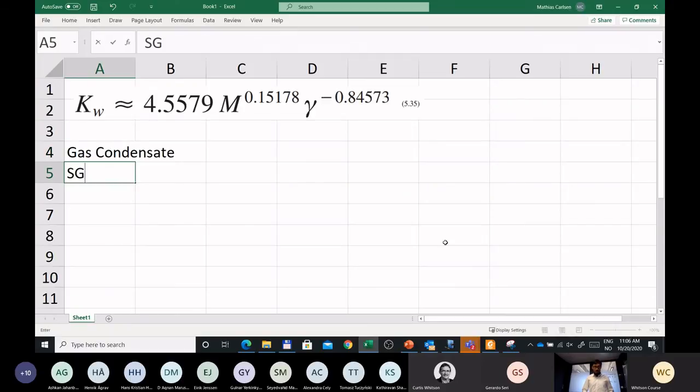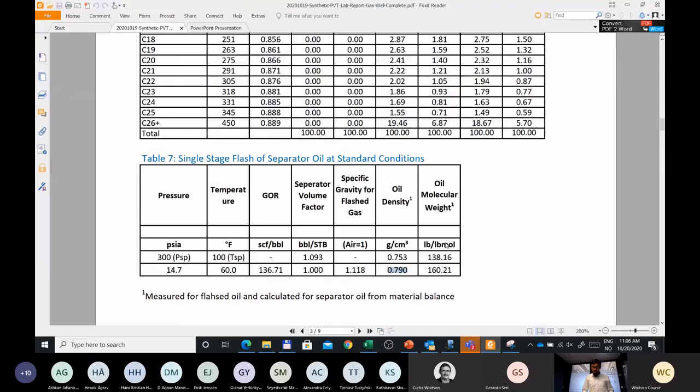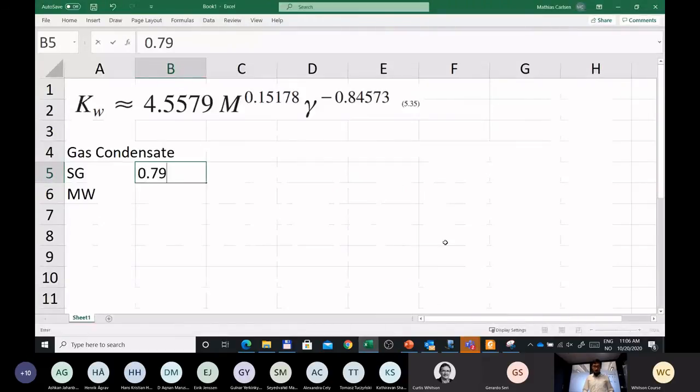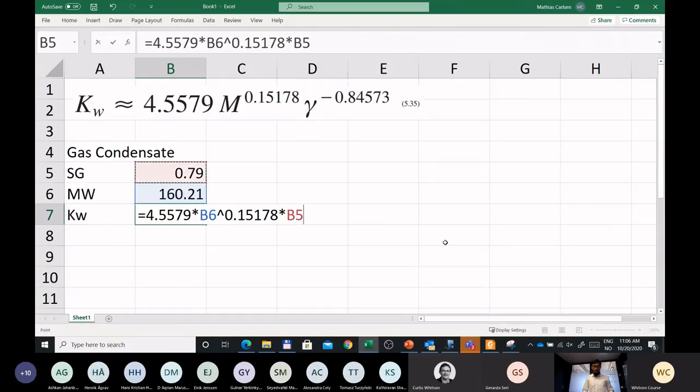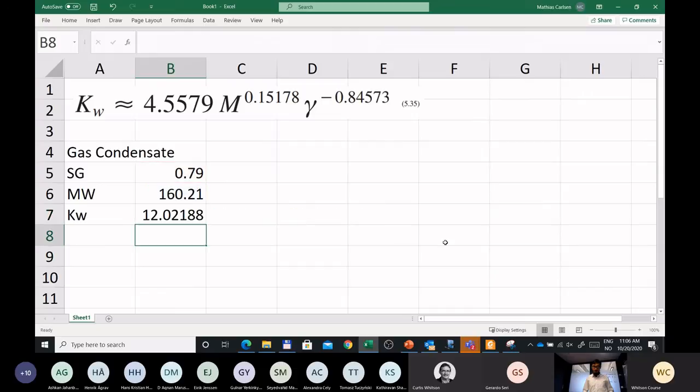As the condensate reports, we have a specific gravity and the molecular weight. The density is 0.79 and molecular weight 160.21. Okay, and then we calculate the Kw, which is equal to 4.5579 times the molecular weight to the power 0.15178 times the density to the power minus 0.84573.